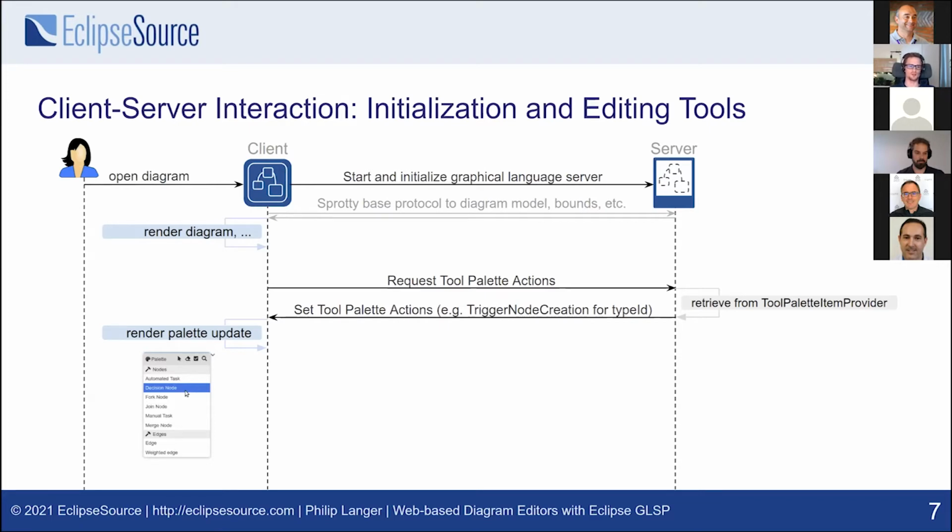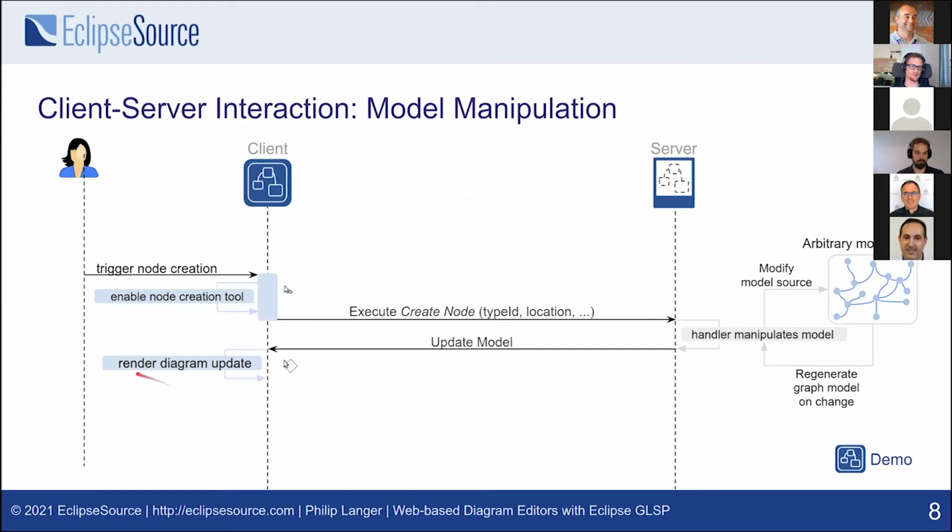Whenever you have, for instance, a couple of tool palette actions, they will be shown in the client. So that's the easy part. What happens if a user starts actually using those actions is that the client unpacks the shipped action, fills it up with parameters like location and so on, and sends it back to the server, which then obtains the registered handler for it, which typically modifies the original model source.